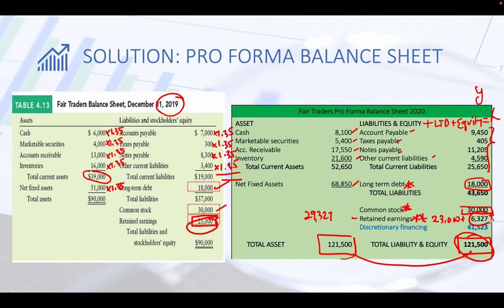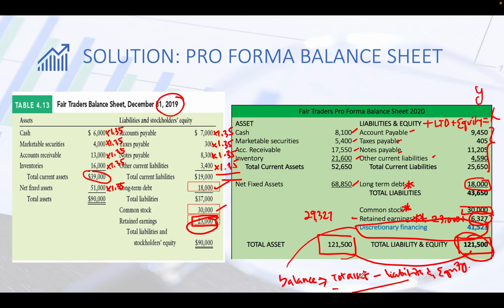Hasil tambahan ni. Jadi balance dia, ini discretionary financing ni adalah balance dia lah. Balance. Apabila total asset tolak dengan the rest ni. Liabilities, and equity. So dia akan dapat berapa figure balance tu, dia masuk sini lah, discretionary financing.